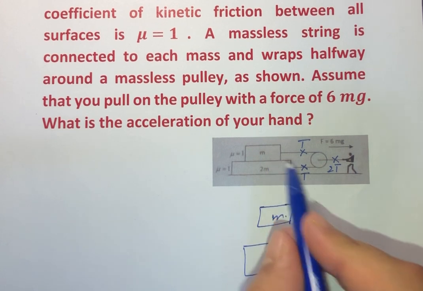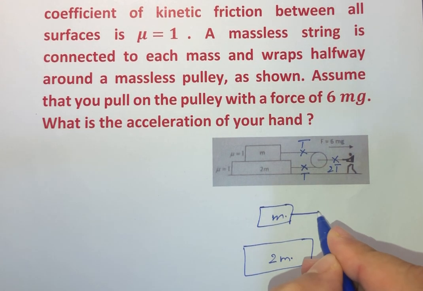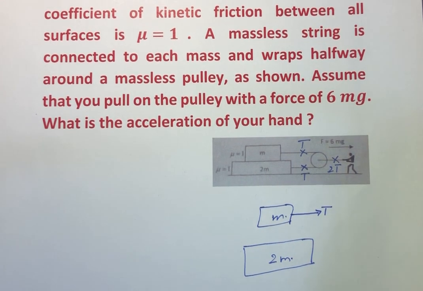Therefore, for the small mass m, there will be tension T toward this direction, and there will also be tension T for the mass 2m.